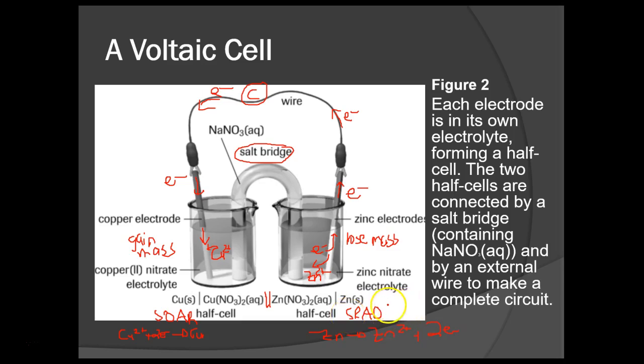LEO goes GER, and that the strongest oxidizing agent gets reduced at the cathode, and the strongest reducing agent gets oxidized at the anode. So oxidation occurs at the anode. Oxidation is a loss of electrons. So from the anode, electrons move along the external circuit to the cathode, where they are gained at the cathode.